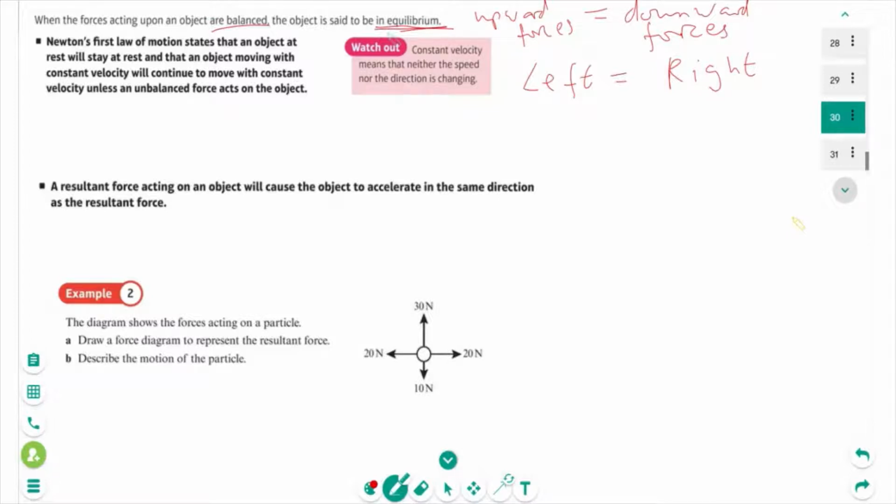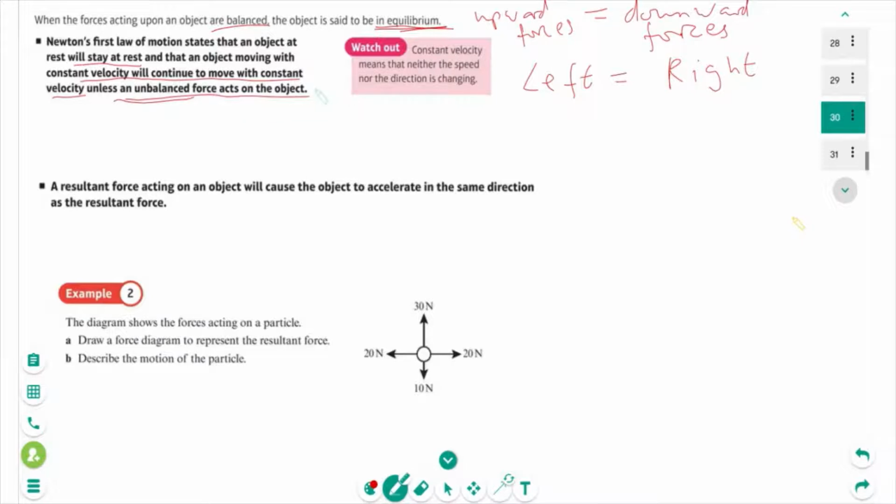Then we have Newton's first law of motion. Again, you must have done this in physics. Newton's first law says that an object at rest, stationary, will stay at rest, and an object moving with constant velocity will continue to move with constant velocity, unless an unbalanced force acts on the object.